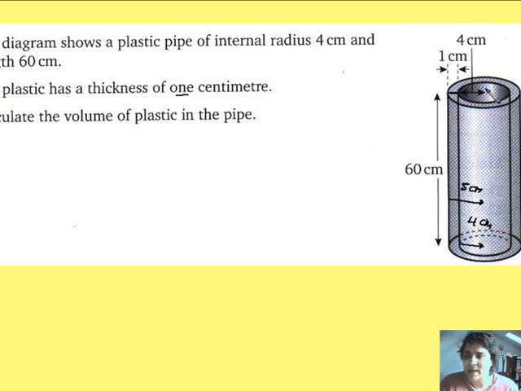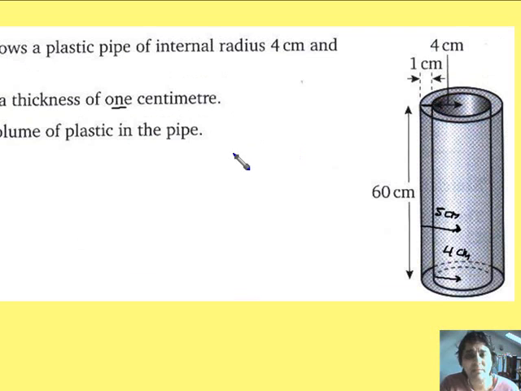So we have empty space that we can blow through the middle of, and the radius is 4, but the entire tube will have a radius of 4 plus that extra 1 thickness, which gives us a radius of 5. Now calculate the volume of the plastic in the pipe, the actual plastic. Now what have we got?